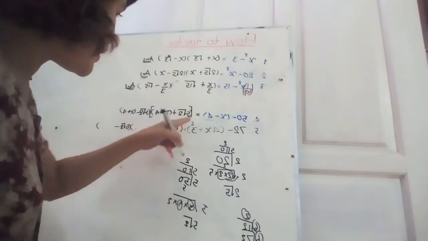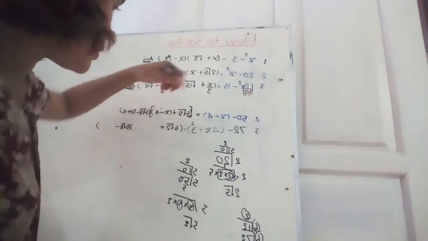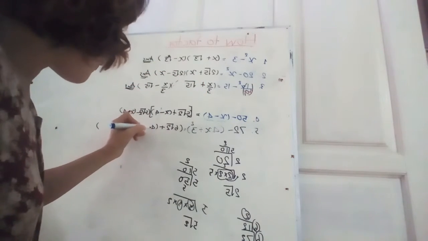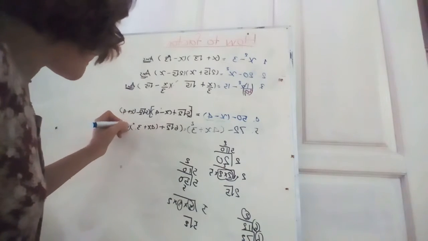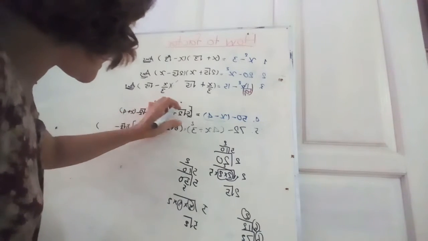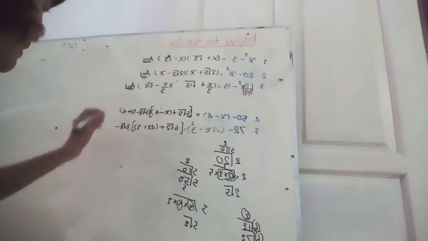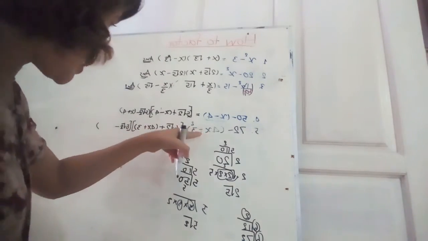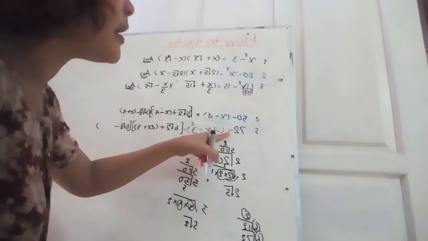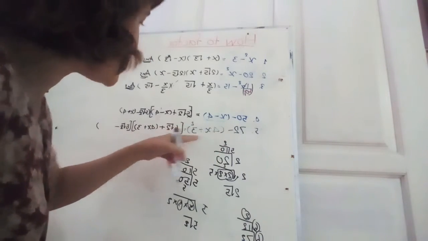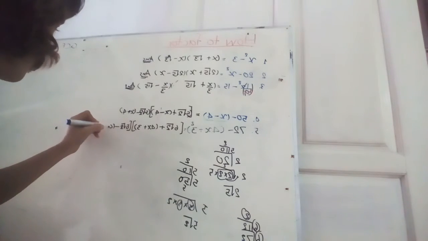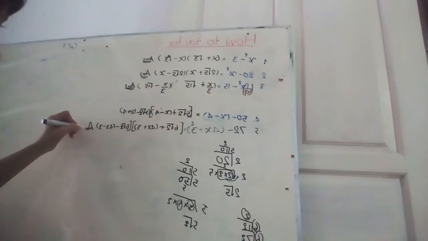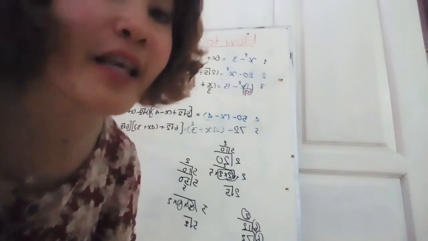And for this one, as I told you, you copy here first: 4x plus 3, and then change this one so there is no confusion. And then you change the sign. Why do you change the sign? Because you have negative in front of this term: 4x minus 3. Answer.